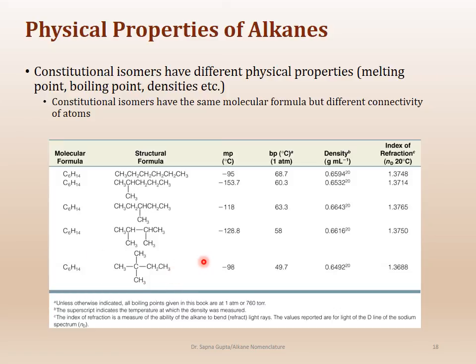Just think about layering something: you would want straight layers, because if you had things coming out of that layer, they would not be able to get as close. So the boiling point is the most important column in all of this. As the branching increases, the boiling point will decrease.